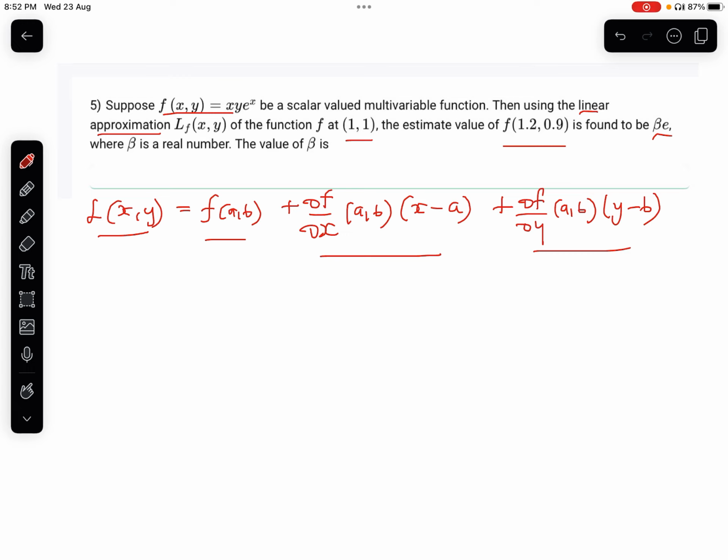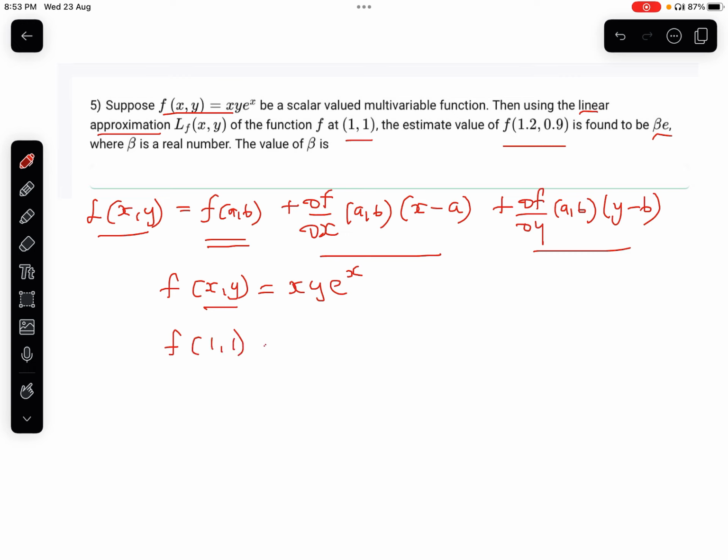First let us write the function. f of x comma y is equal to xy e power x. This is the function they have given. According to the formula, in the place of a comma b they have given us x comma y, so that is the only difference, and in that we should substitute the coordinate 1 comma 1.